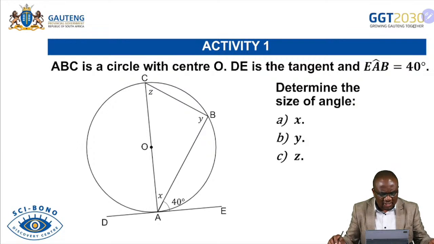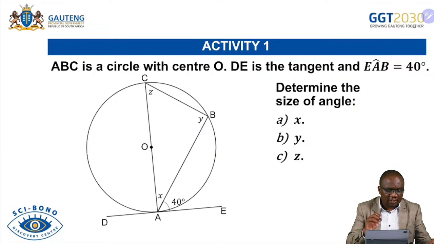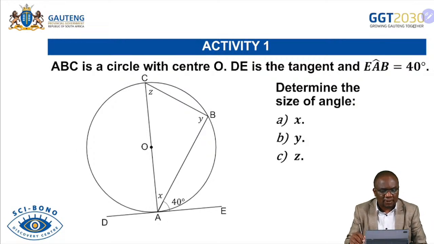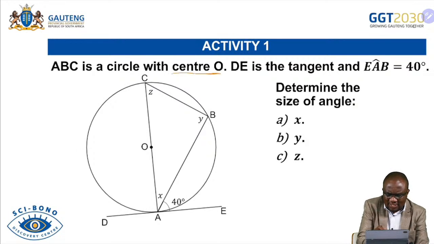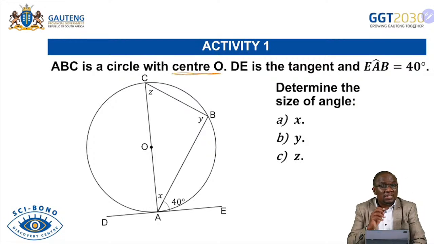ABC is a circle. Do you see the points A, B, and C? These are points on the circumference of the circle, and then the center O. Center O has to do with the center theorems. DE is the tangent.